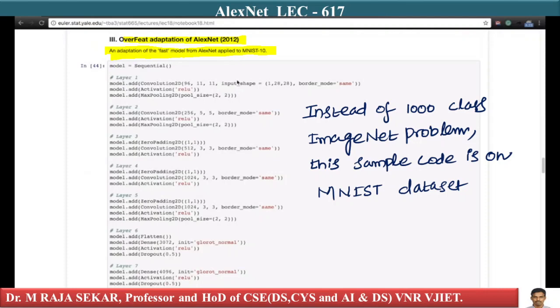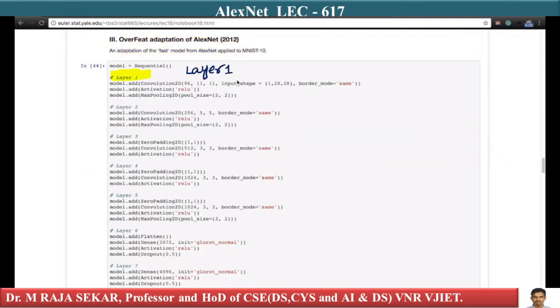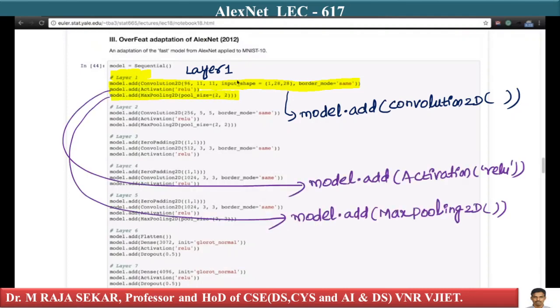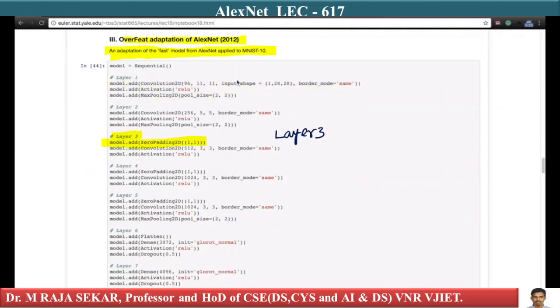Just see how simple it is. This is your layer 1. You have convolution followed by activation followed by max pooling, then convolution, activation, max pooling, isn't it? In layer 3 also there is convolution.